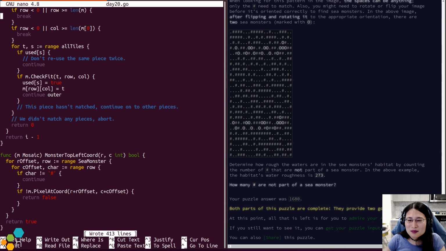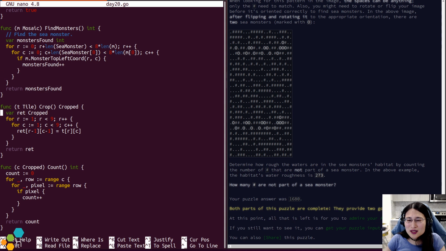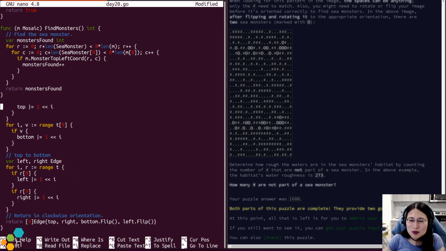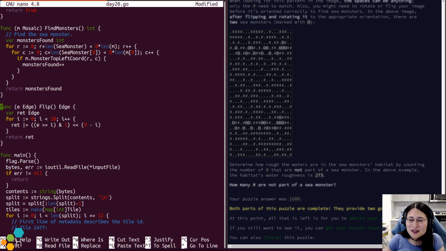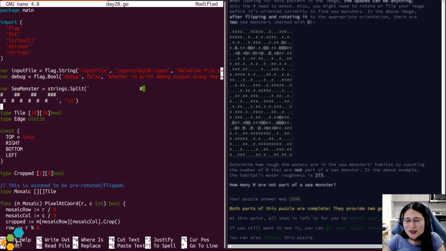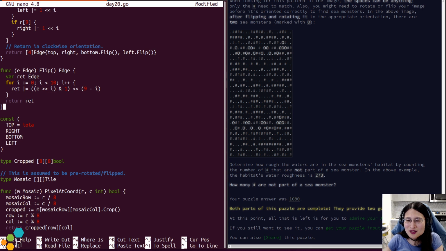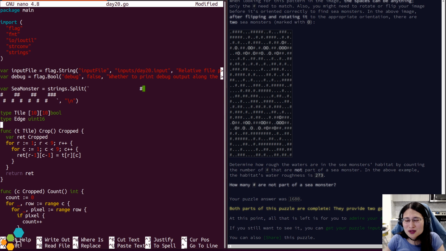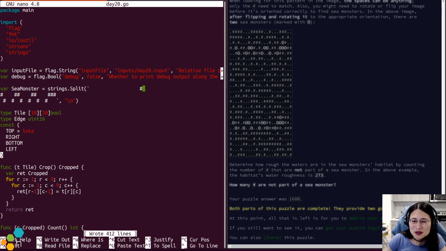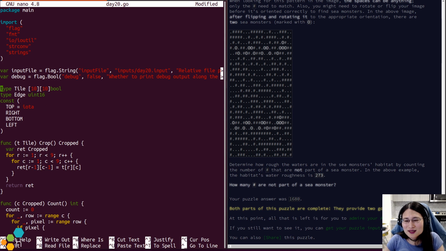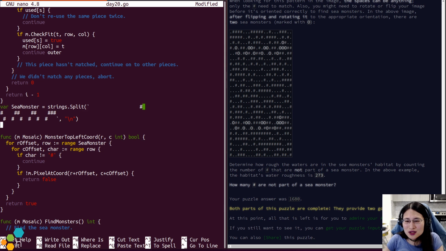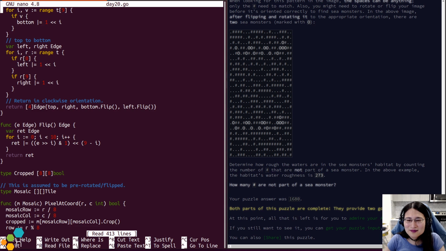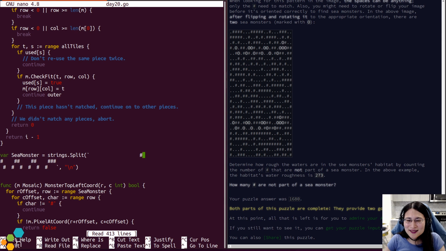Let's rearrange the stuff that deals with tiles and move it up to be with the tiles. The edges are still up here. And defining what a sea monster is should go here. Still works. Okay, that makes me happy.